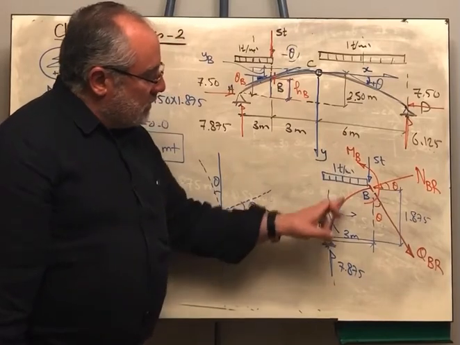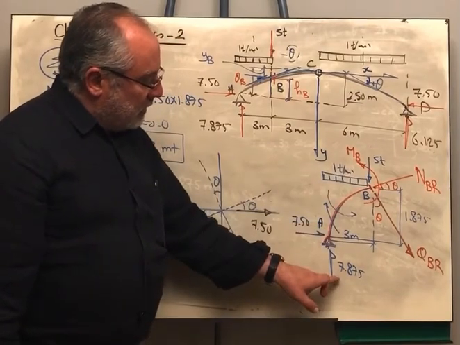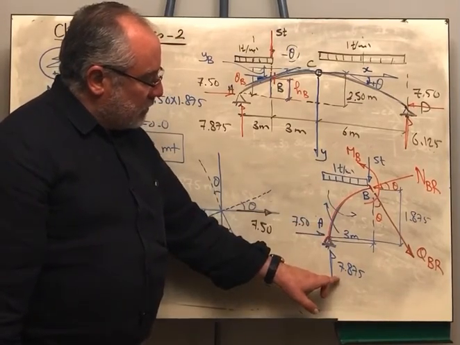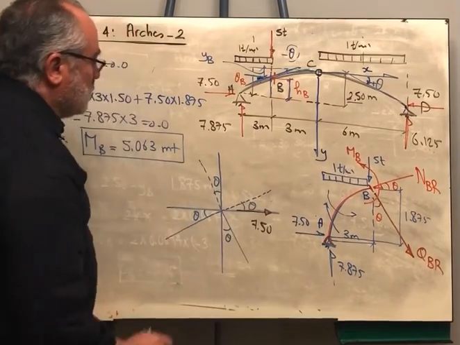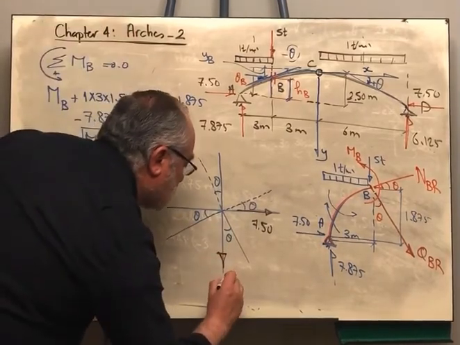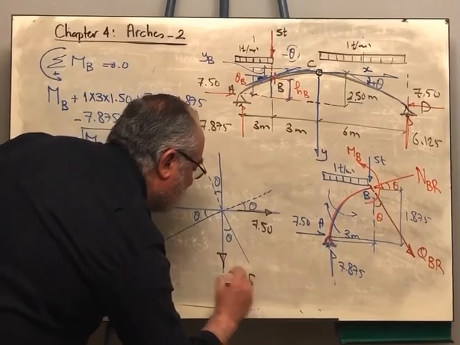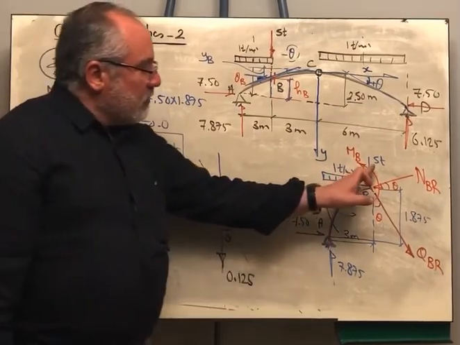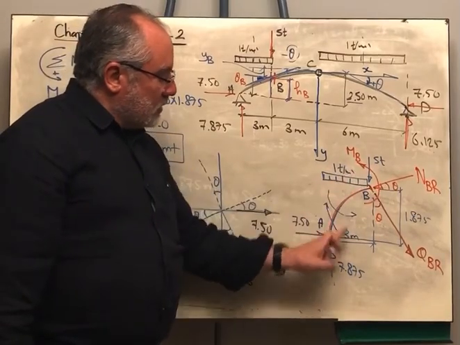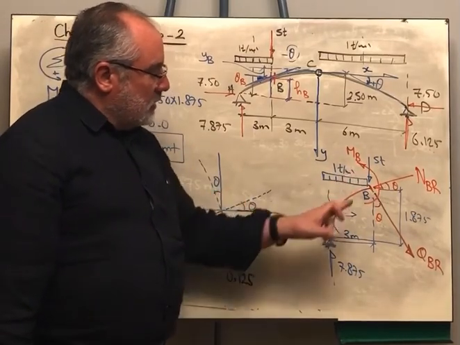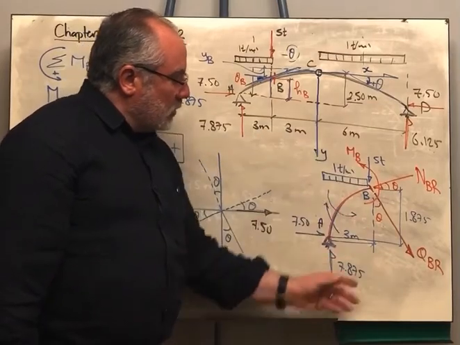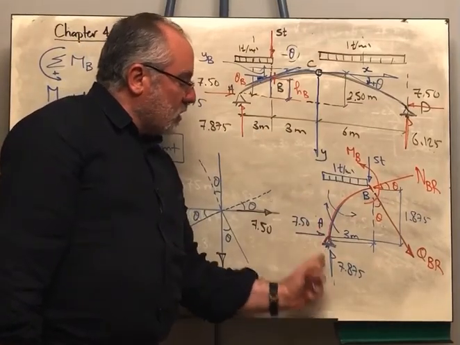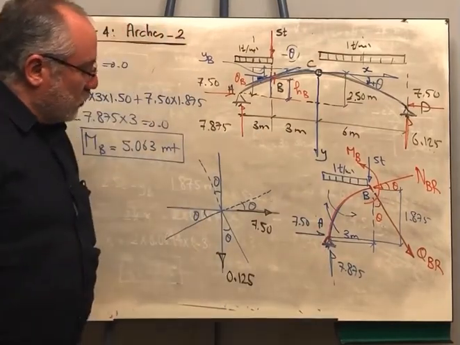So this will be 8 negative, and we have positive 7.875. So this means that we are having a force here of 0.125. How did we get this value? We are having 5 and 3, because 1 times 3 is 3. So we are having 8 downward, and we are having the vertical reaction 7.875 upward.